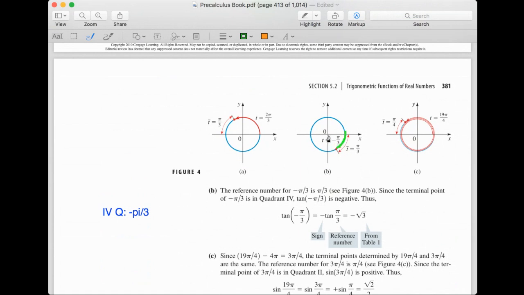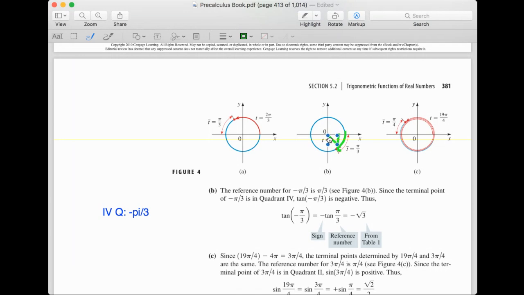Then we draw a picture of the triangle. We connect this point with the origin. Then from this point we drop a perpendicular line to the x-axis.